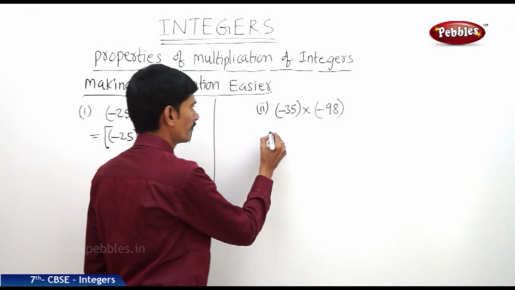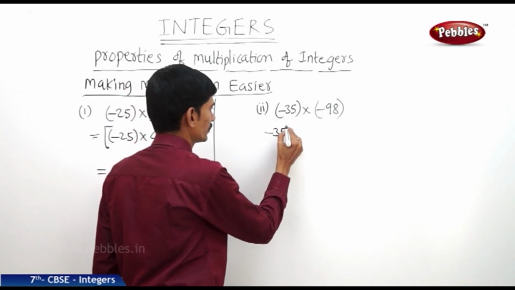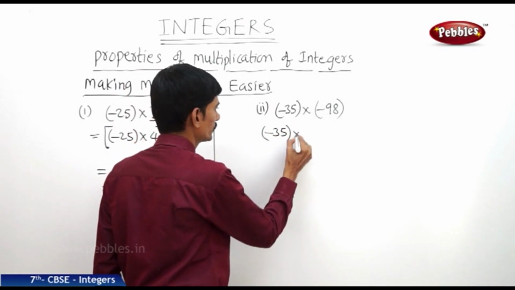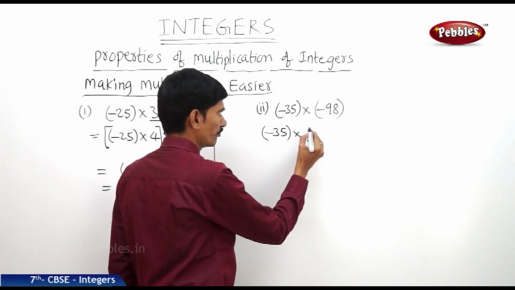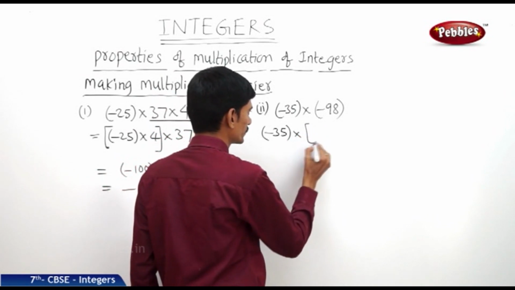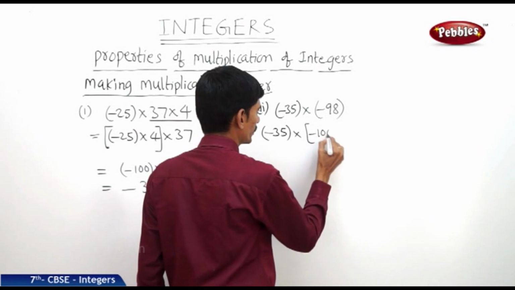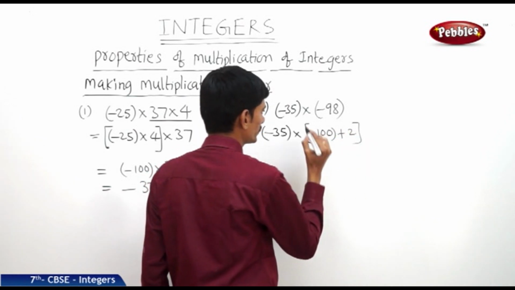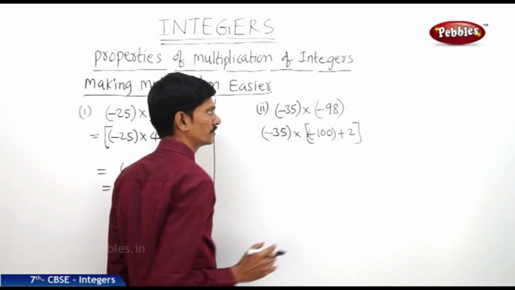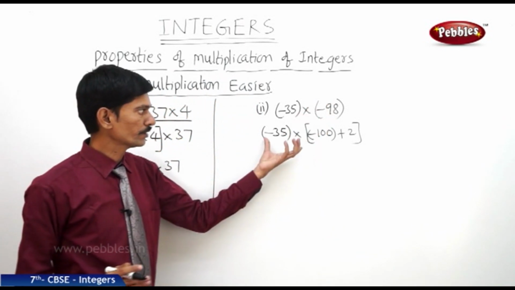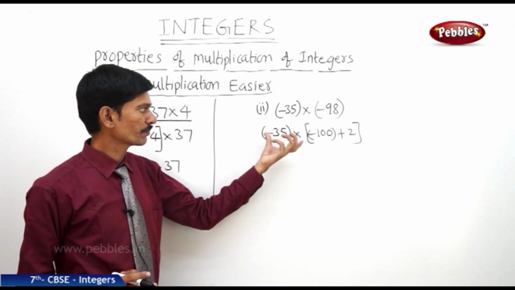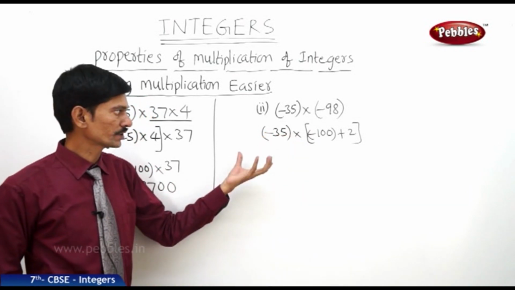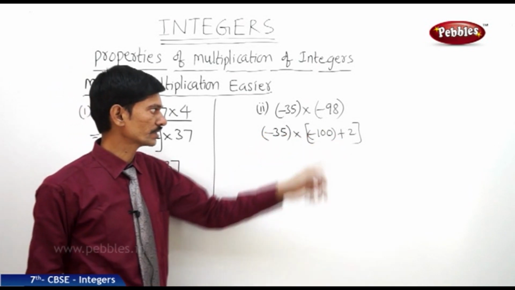Now minus 35 is taken the same, into minus 98, which can be written as minus 100 plus 2. So minus 100 plus 2 is the same as minus 98. Here we can use the distributive property of multiplication over addition.